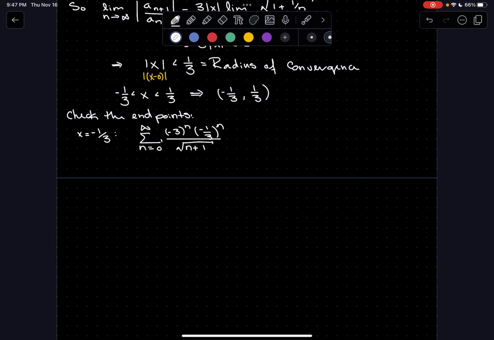So, well, negative 1/3 times negative 3 is actually just 1, right? So this just becomes 1 to the n over, and 1 to the n is just 1. So we get the sum from n equals 0 to infinity of 1 over the square root of n plus 1, right?